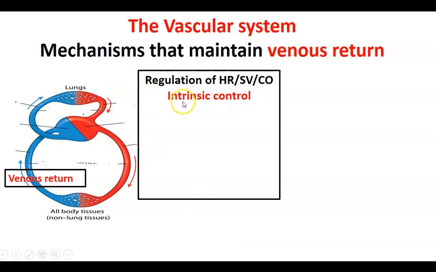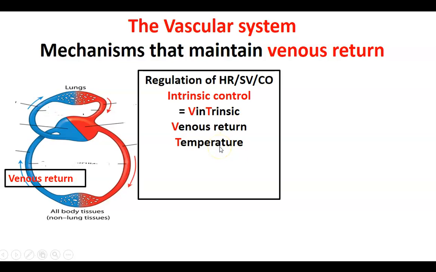We looked at how intrinsic control factors allow us to regulate our heart rate, stroke volume, and cardiac output. To help us memorize the two factors within intrinsic control, we respelt it as "intrinsic control". That led us to the two factors to regulate heart rate, which were venous return and temperature.